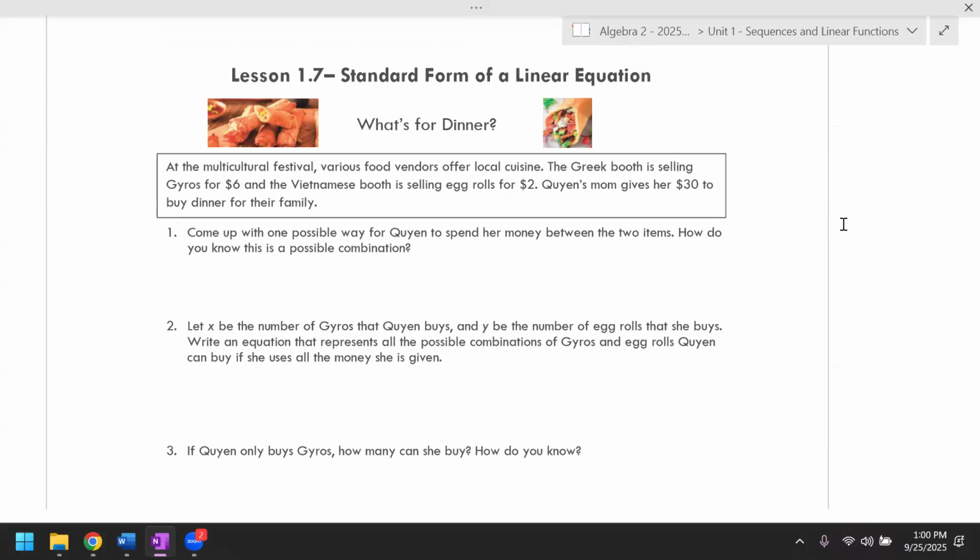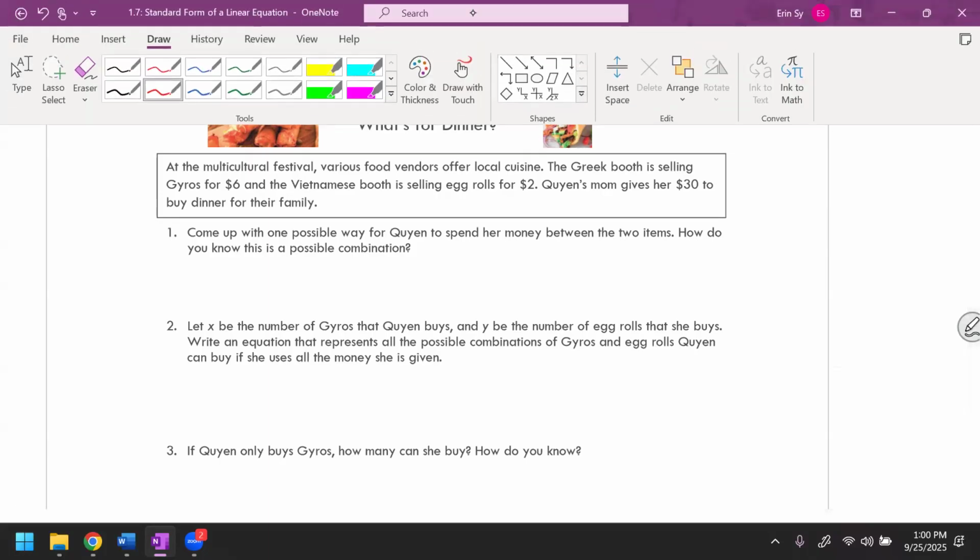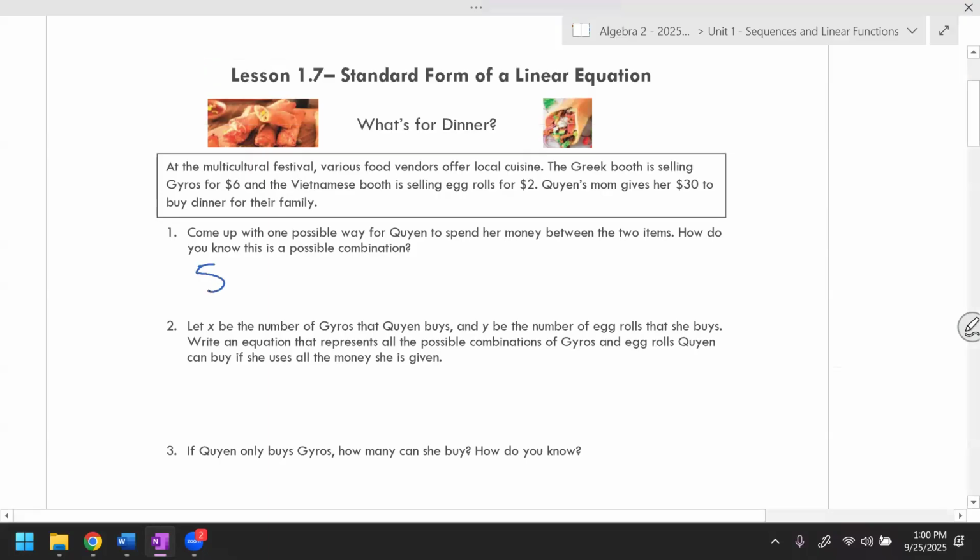Yeah, 5 gyros, because 5 times 6 is 30. Can anyone see another way? Let's actually get both foods in there. But that's a good way.